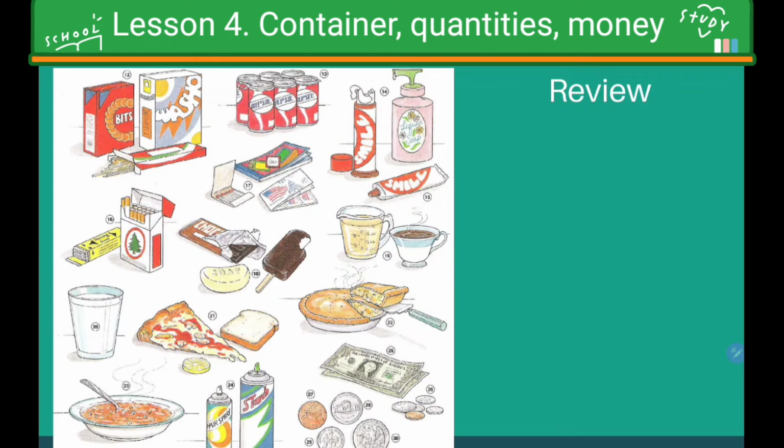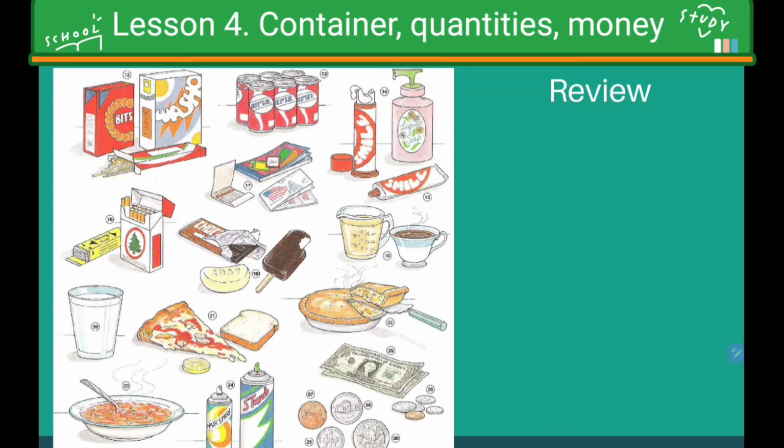And number 15, a tube, and that also referred to London subway. And number 16, we have a pack that is usually made of paper or cardboard. And number 17, we have a book of matches, a book of stickers. And number 18, we have a bar of soap, a bar of chocolate.